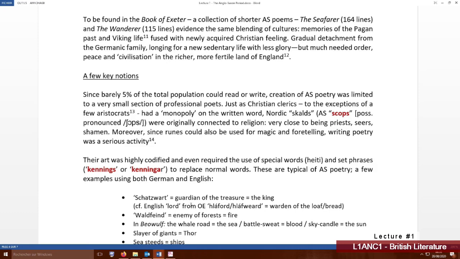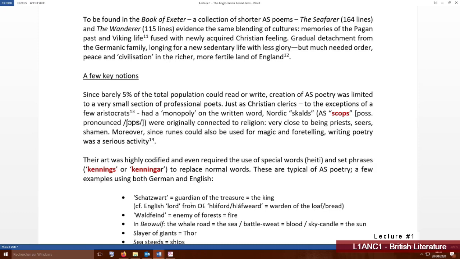The Anglo-Saxon equivalent would be the skops, possibly pronounced shops, very much connected to religion. A poet in those days was very close to a priest, a seer, a shaman. Moreover, they were using runes, and runes could be used for magic and foretelling the future. So writing poetry was a near religious magical activity, something very, very serious.